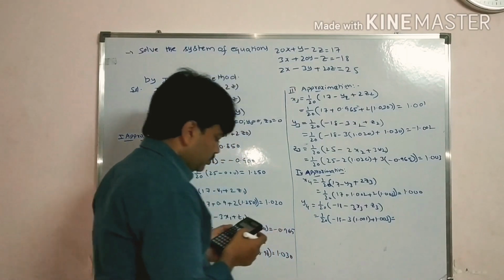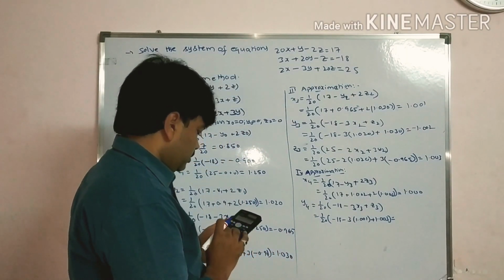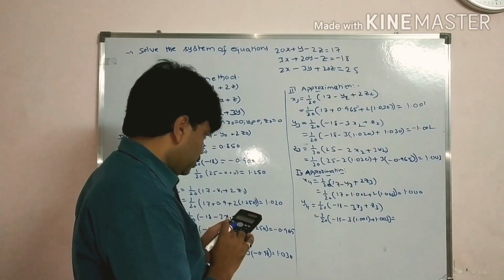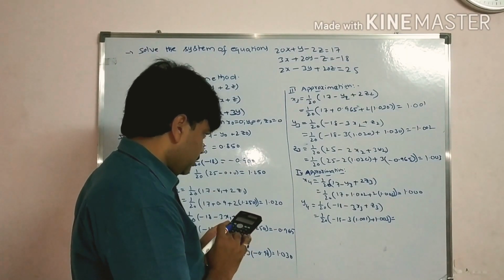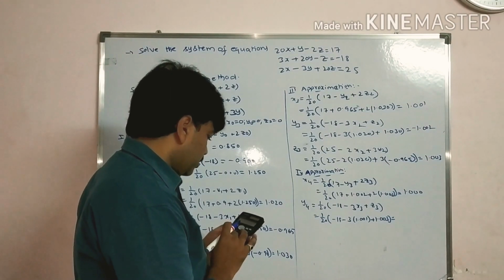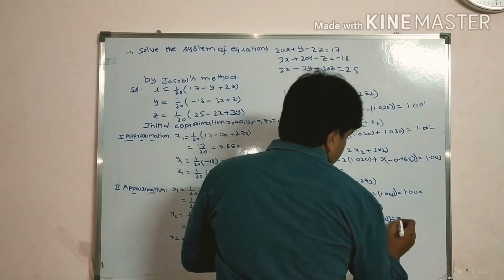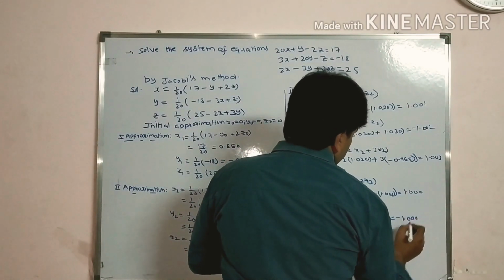So that is equal to bracket minus 18 minus 3 into 1.001 plus 1.003, bracket close, divided by 20. So that is equal to minus 1.000, students.